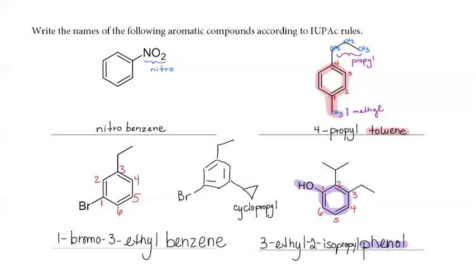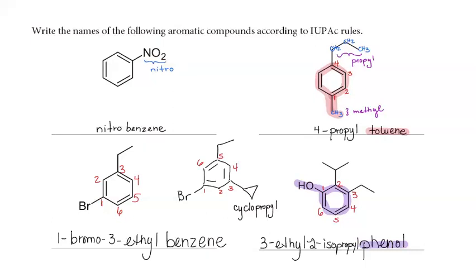So then the name for this will be 1-bromo, 5-cyclopropyl, 3-ethyl, because cyclo comes, or I'm incorrect about that. We go the other way around. The numbering changes because we do 1, 2, 3, 4, 5, 6.